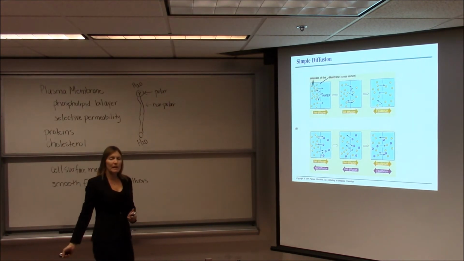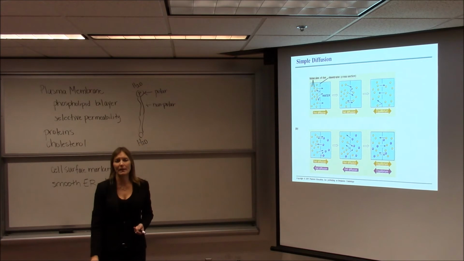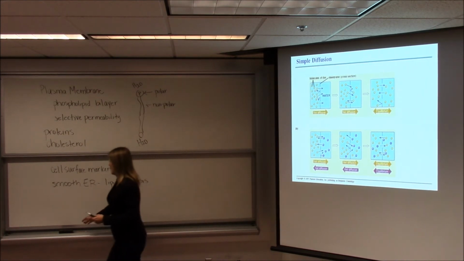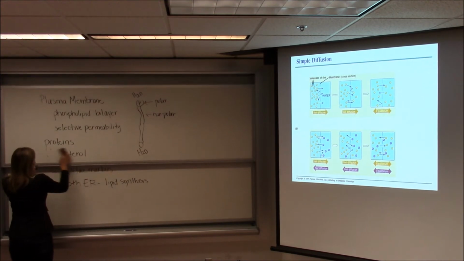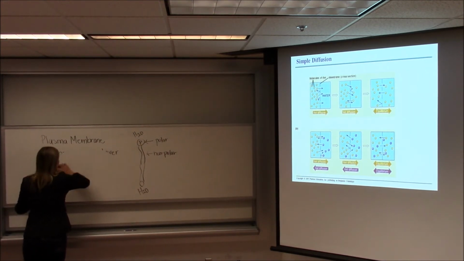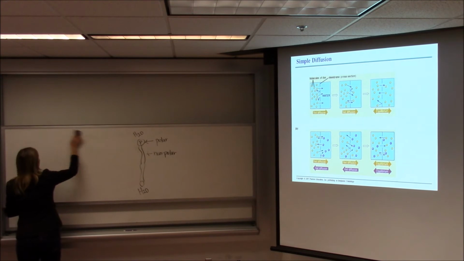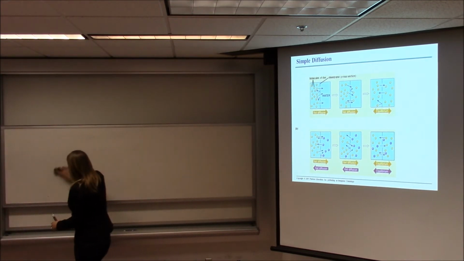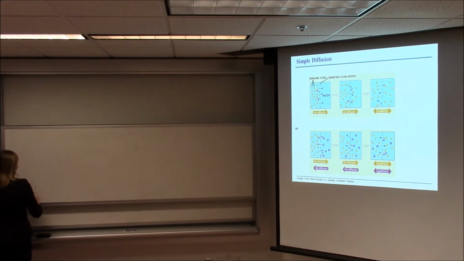Okay, so we're going to start by talking about two categories of transport across cell membranes. We're going to put it in two big categories. One is going to be called active transport, and one is going to be called passive transport. We'll start with passive transport. So this is going to be how materials move in and out of the cell.